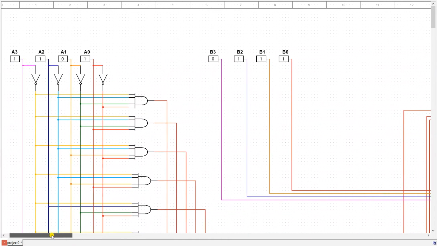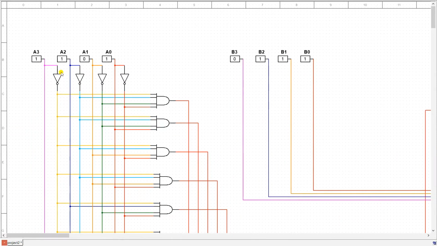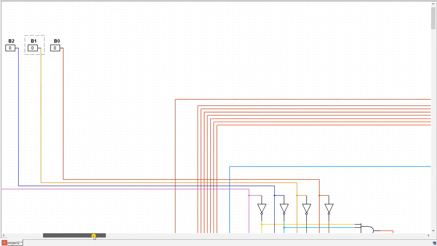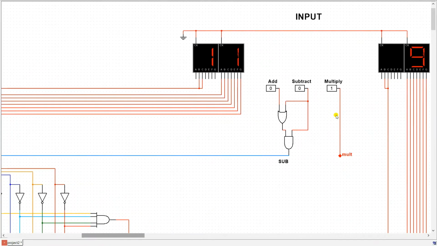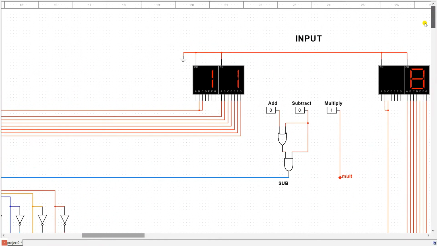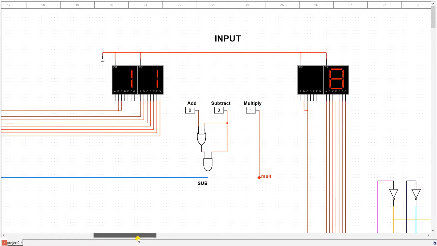Another set of numbers is 1011 and 1000. The decoded input should be 11 and 8.